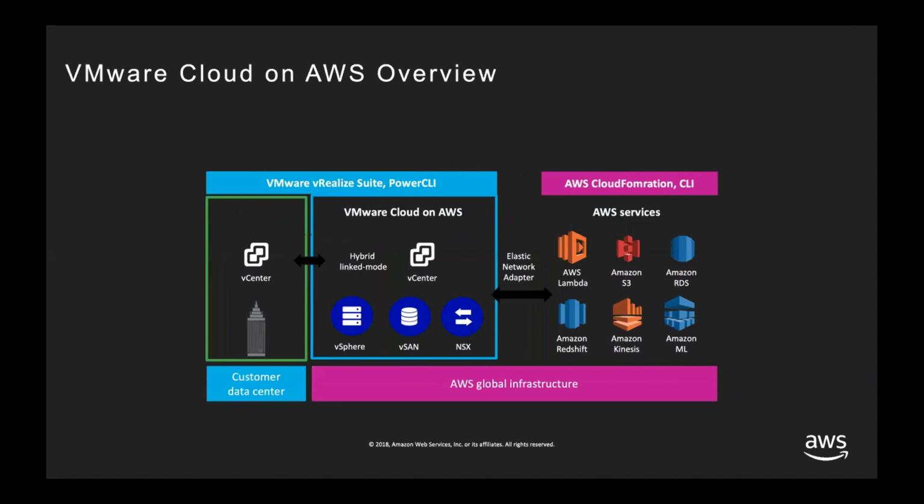Basically how that works is that there's a VM environment where you can use your vCenter services, your vSphere, networking, your SAN configurations, but through an elastic network adapter, you can also interact with services within your VPC. So vCenter controlling everything in your VMware cloud, but then also the ability to connect the VMware cloud into AWS resources like an RDS database or a Lambda function, etc. A truly hybrid model there.